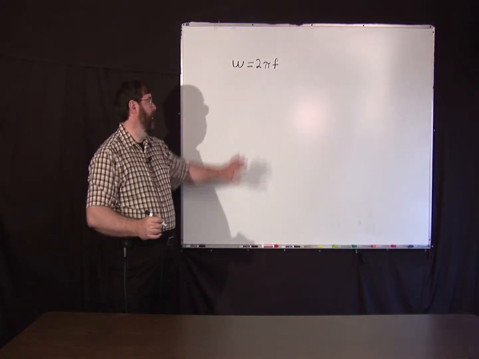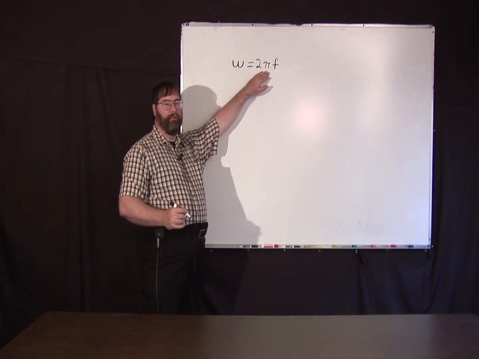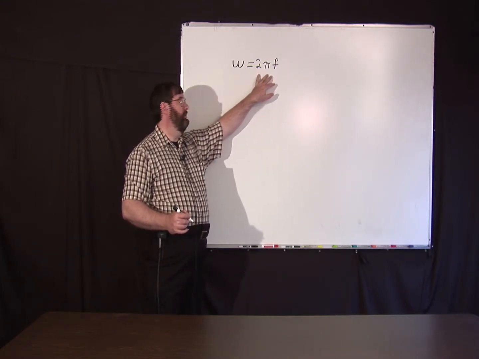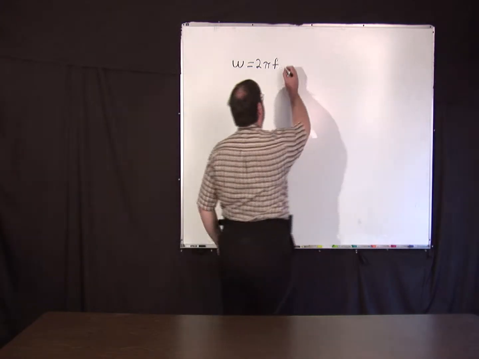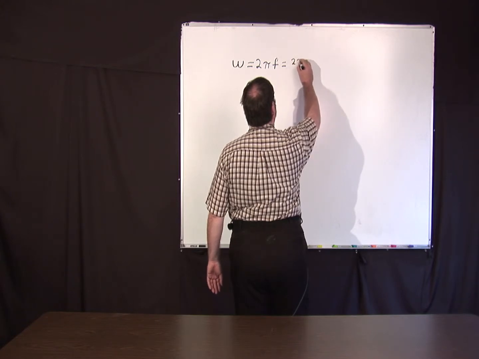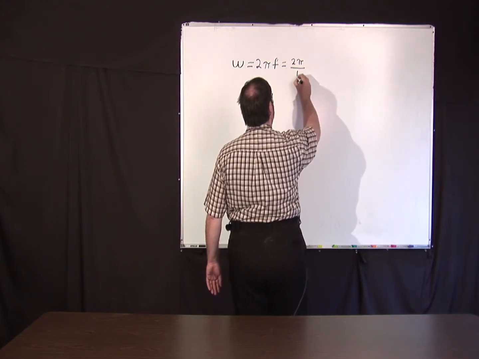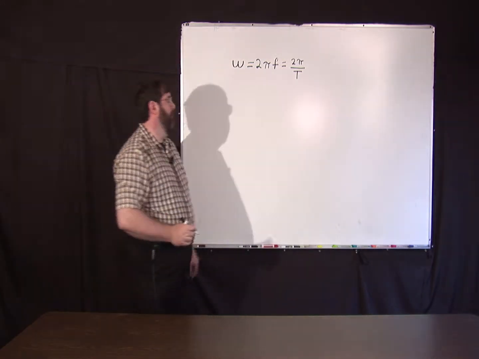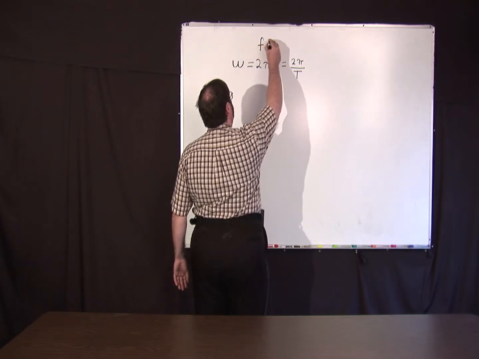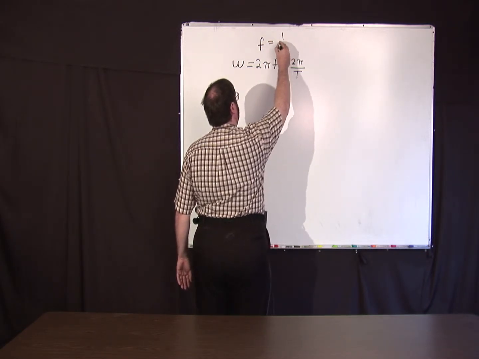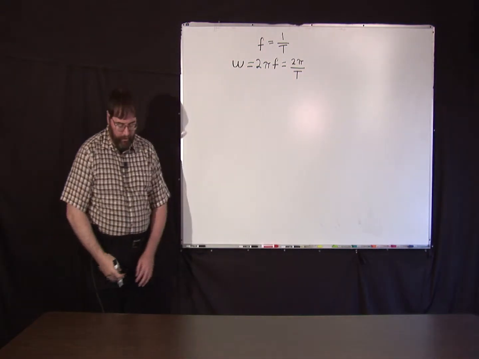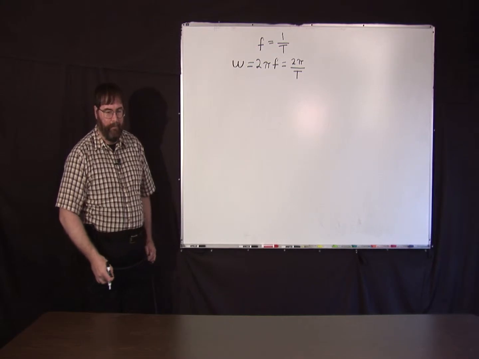That's 2 pi radians in a circle, so this is how many radians per second in time, which is equal to 2 pi over the period. And from this you can deduce that, of course, the frequency equals 1 over the period. Okay, that was talking about periodic phenomena in time.